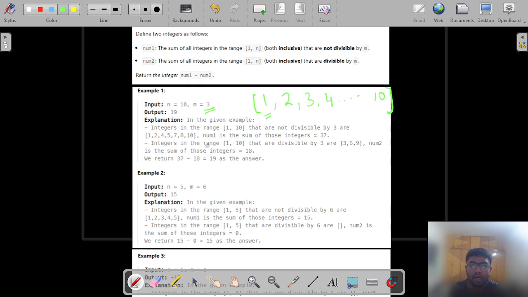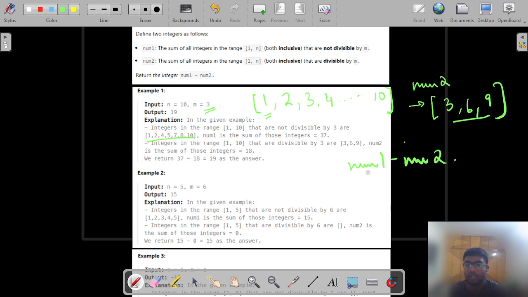And we see that the numbers that are divisible by 3, which need to be stored in nums2, would be 3, 6 and 9, and the rest of the numbers excluding these will be stored in nums1, and they are as follows. And we need to return nums1 minus nums2.